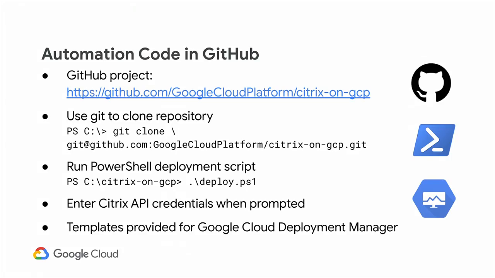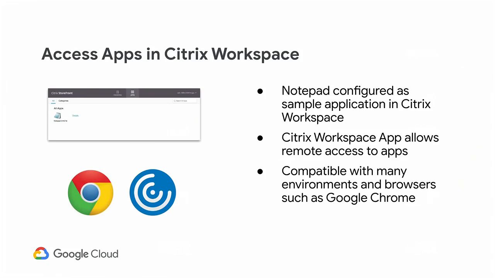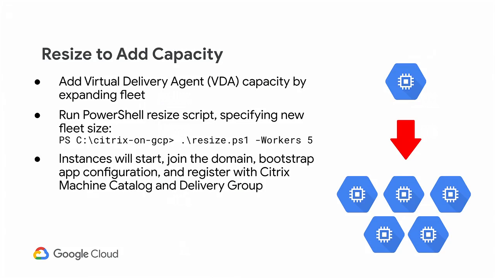Currently, the latest version of this takes about 22 minutes to deploy an environment, and you've got a working environment to explore. It sets up Notepad as a sample virtual app, but we have a branch in the project that shows you how to customize that if you want to set up additional apps in your Citrix on GCP environment. Once it's built, you use the Citrix Workspace to access those virtual apps.